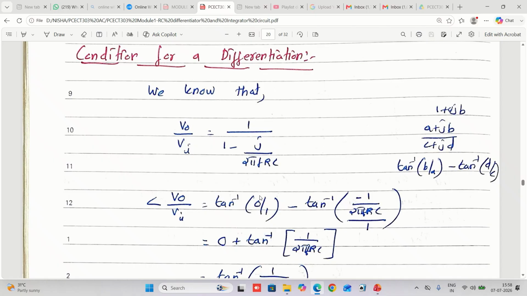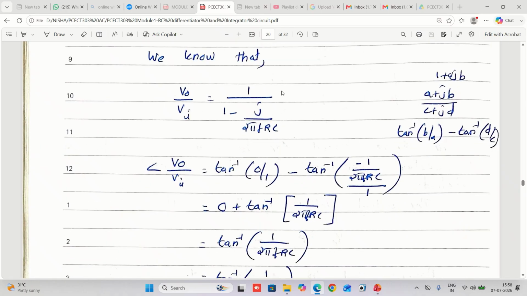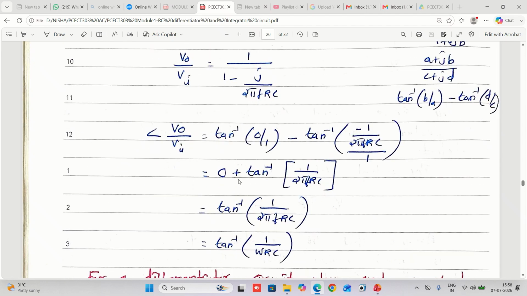Phase angle is given by tan inverse of numerator part b by a minus tan inverse of the denominator part. Here in the numerator there is no imaginary term, so the first term becomes 0. Minus tan inverse of the imaginary part, that is minus 1 by 2 pi f RC. So it is tan inverse of 1 by 2 pi f RC. That is the phase angle of the RC high pass filter.